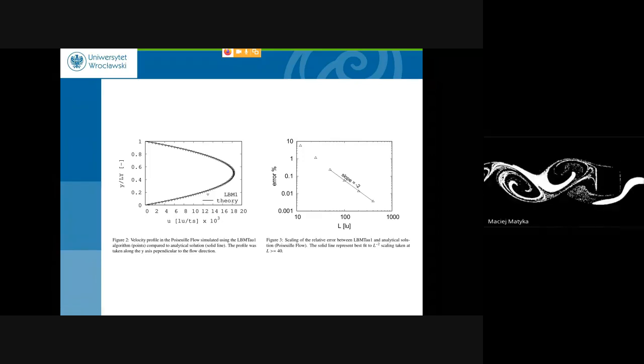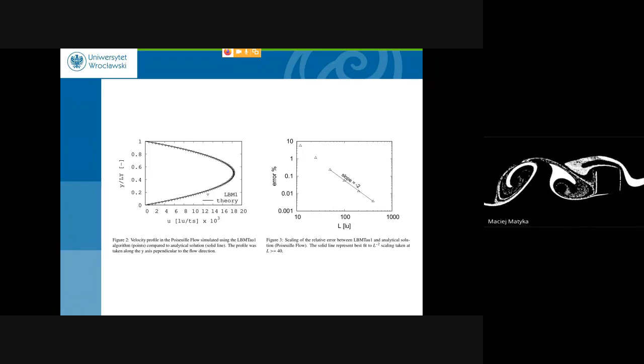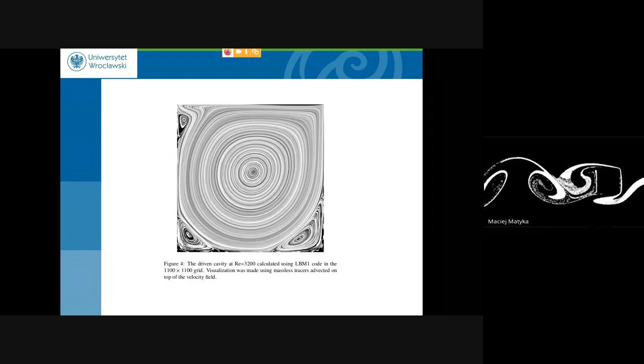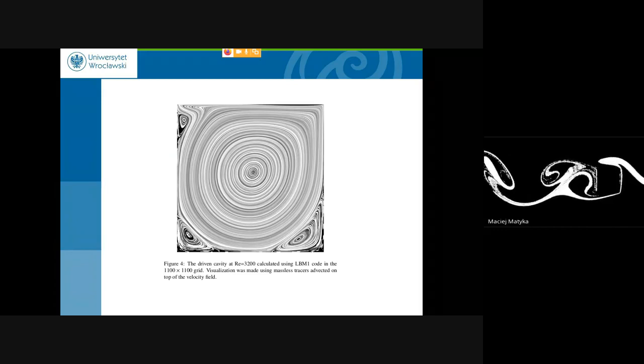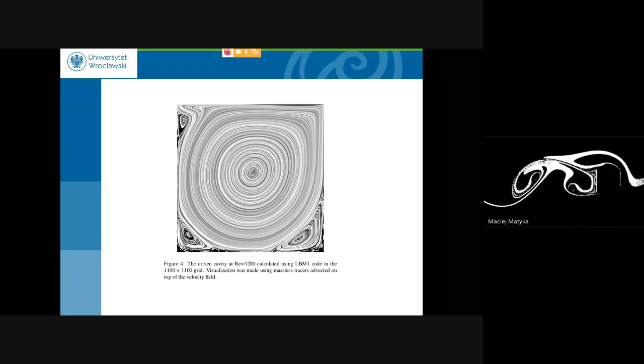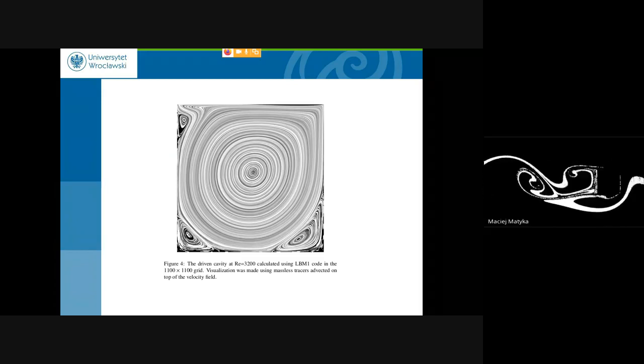Now one can ask what are the capabilities of the model. Here is an example of a run of LBM1 in a case of driven cavity at Reynolds number 3200.